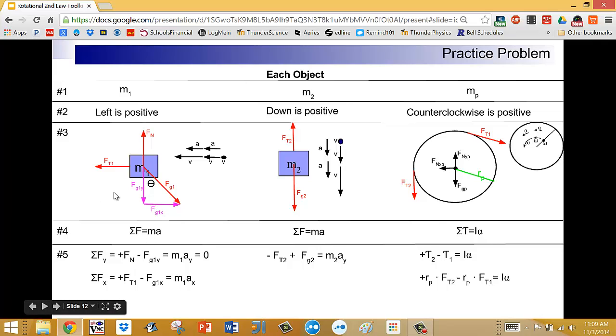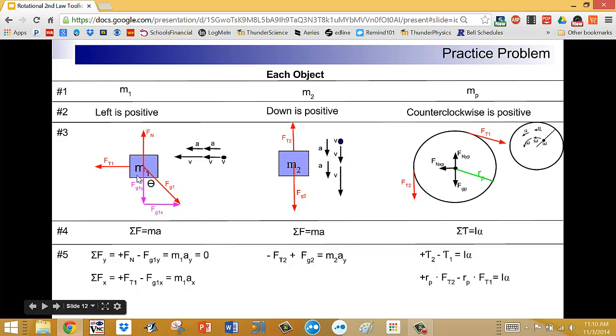Now for M1, there are horizontal and vertical components. In the vertical, we've got Fn, which is positive, minus Fg1y, which is downward. We know there's no acceleration vertically. We didn't even bother drawing a motion map in the vertical, so the sum of the forces vertically is going to be 0.